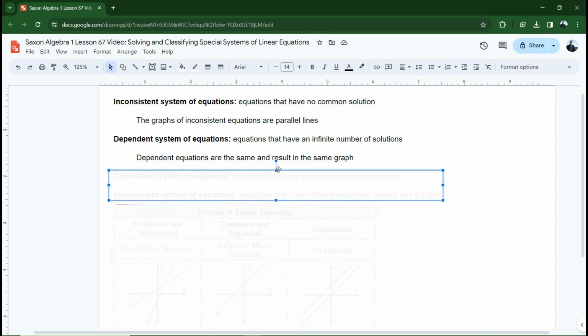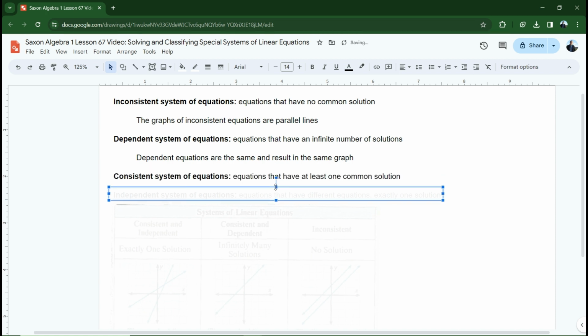Dependent systems of equations are actually the exact same equation on a graph, meaning that we graph a line and then the other line is right on top of it. So every single ordered pair solves both equations. Next, we'll talk about a consistent system. A consistent system has at least one common solution, meaning that the lines have to intersect each other either at one point or at all points.